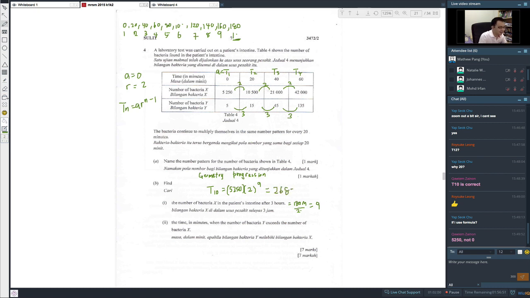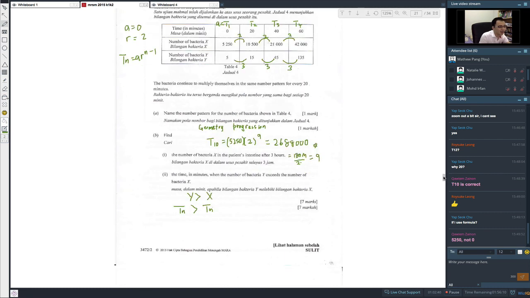So in part 2, it asks you to find the time in minutes when bacteria Y will exceed bacteria X. Over here you have some problem because there are two different geometric progressions. So what I want to do is say when bacteria Y must exceed bacteria X, I will do the nth term for bacteria Y and the nth term for bacteria X. For bacteria Y, A is 5, R is 3, and this is n minus 1.